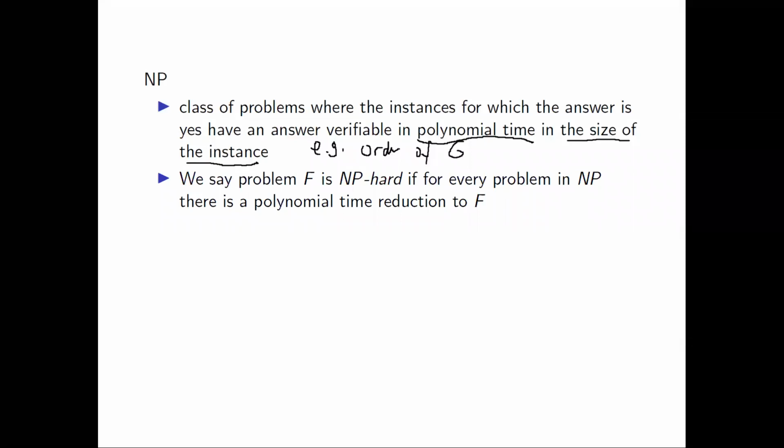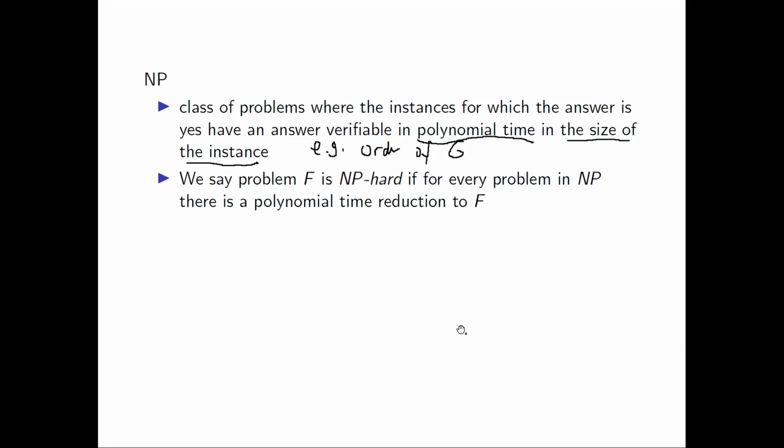And we have some problems which every problem in NP can be reduced to. We call these problems NP hard. So we say a problem F is NP hard if every problem in NP can be reduced to F in polynomial time.